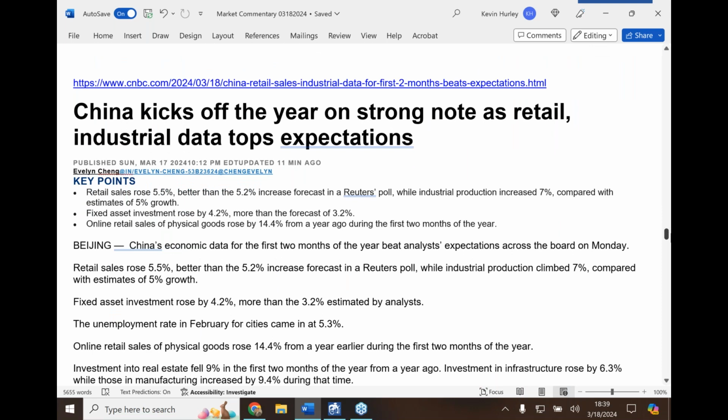China numbers came in much better than expected. This is something that we can see for growth in China. I don't know how much they can grow this year, but what I do know is that they really got their butts kicked last year.